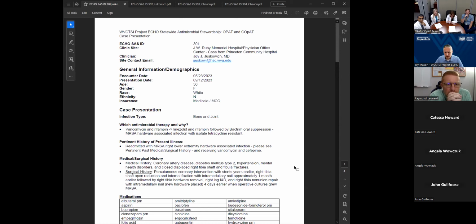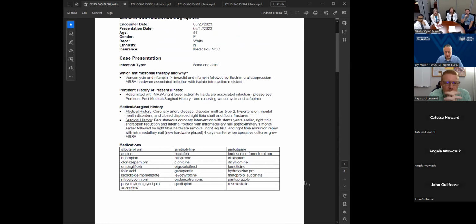Approximately one month earlier, she had undergone a right tibia open reduction internal fixation with an intramedullary nail. This was later followed by right tibial hardware removal, I&D, and a new intramedullary nail. So essentially a hardware exchange. At the time of surgery, operative cultures grew MRSA, and this is when we were consulted.